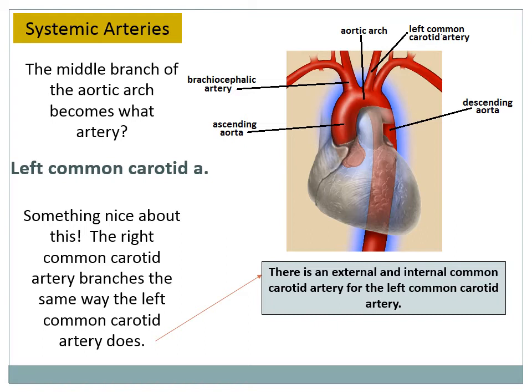What's nice about your right and your left sides is they often mirror each other. So if you have a right common carotid artery that branches into an external and an internal common carotid, the left common carotid artery does as well. Okay, so the left common carotid is going to branch into an external and an internal common carotid.